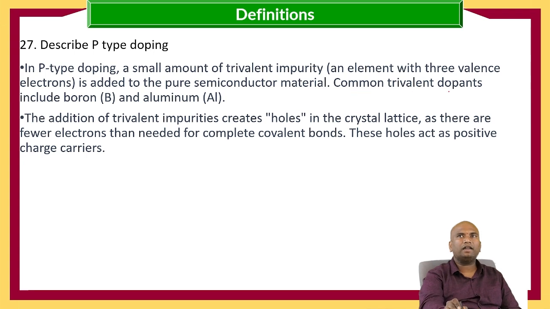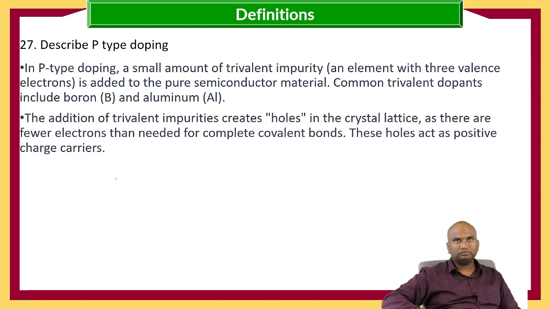The common trivalent dopants include boron and aluminum. The addition of trivalent impurities creates holes in the crystalline lattice. As there are fewer electrons than needed for complete covalent bonds, these holes act as positive charge carriers.